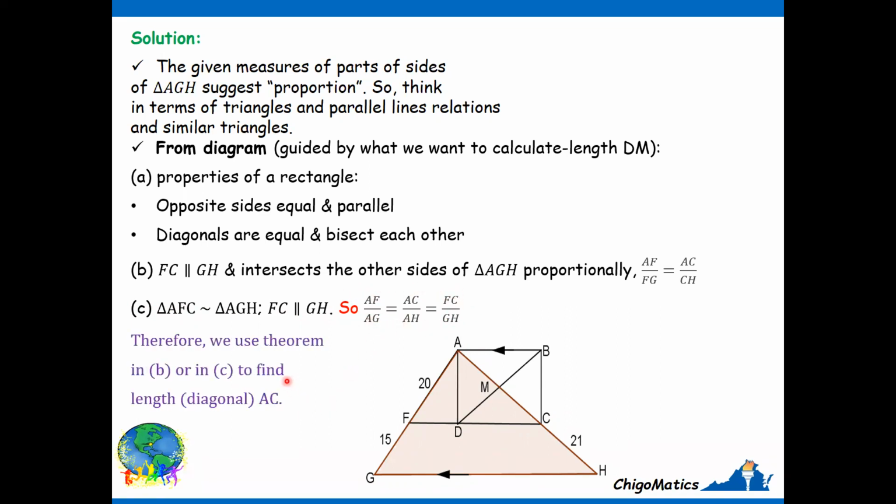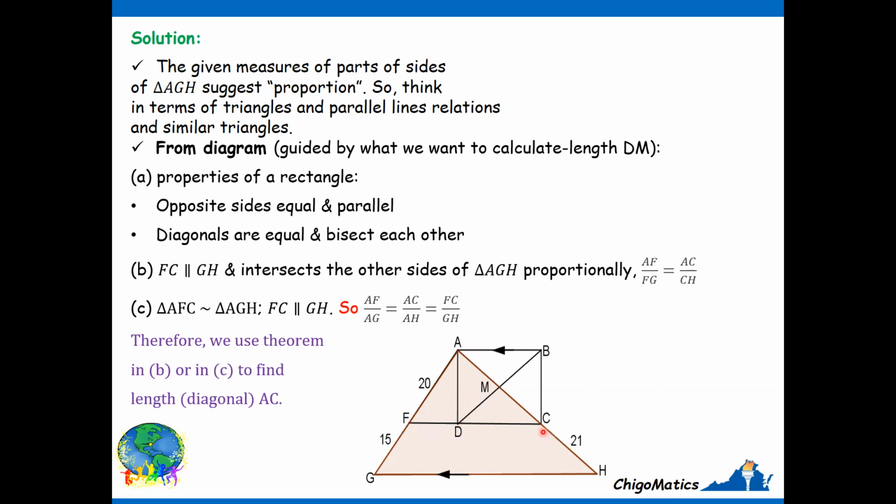Therefore, we use the theorem where we have the proportion with respect to two pairs of sides. Then, since the triangles AFC and AGH are similar, we can start from there as we try to find our AC.